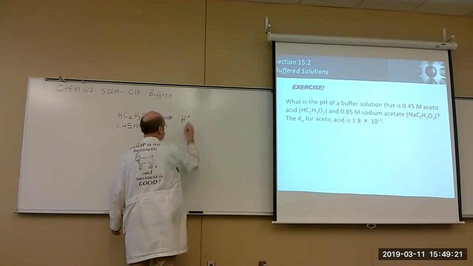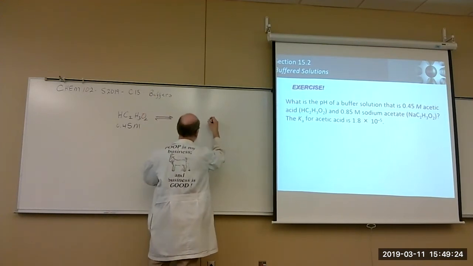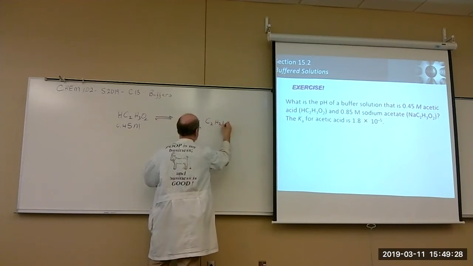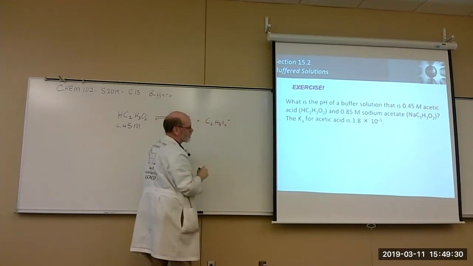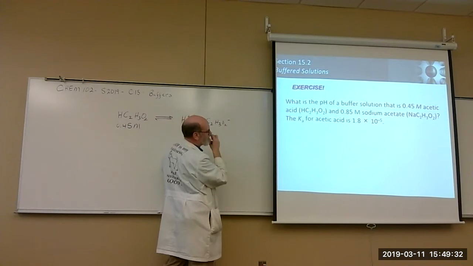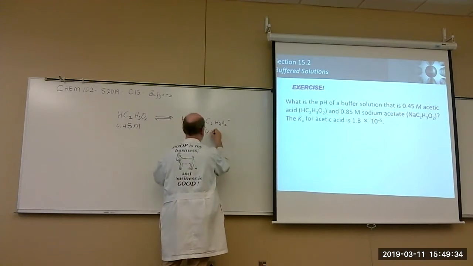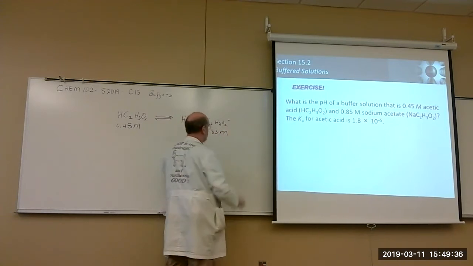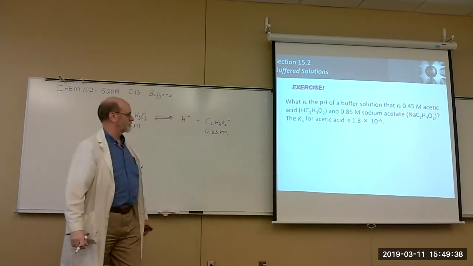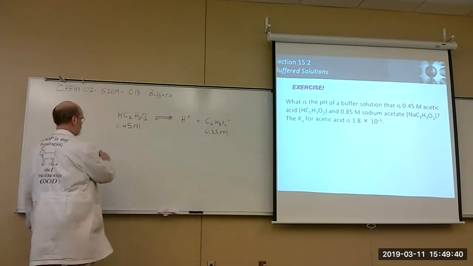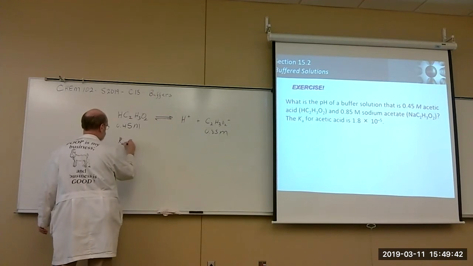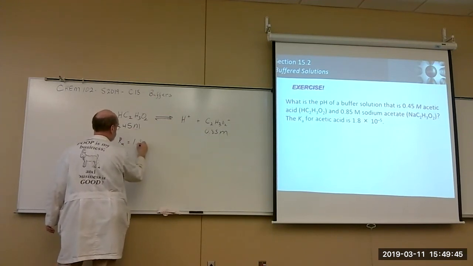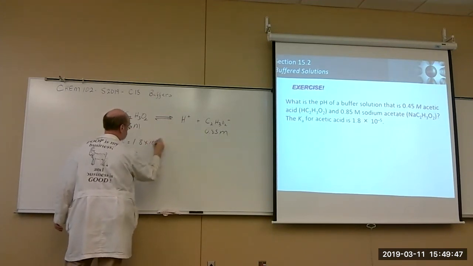So it's going to dissociate, and it's going to be C2H3O2, and this is going to be 0.85 molar in acetate. And the Ka for this solution, or for this acid, is 1.8 times 10 to the minus 5.